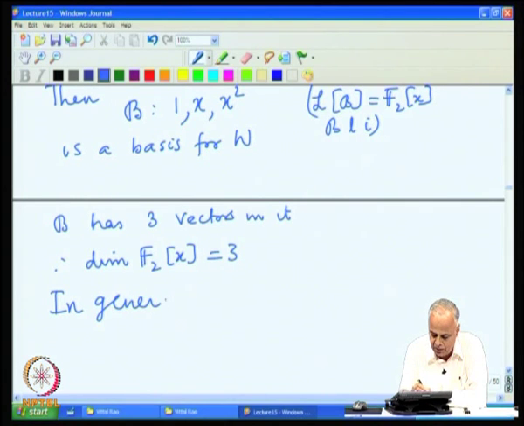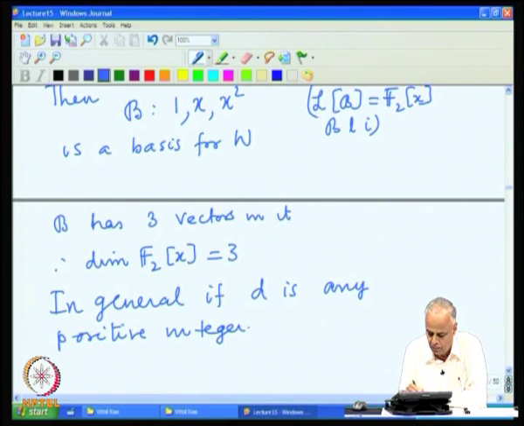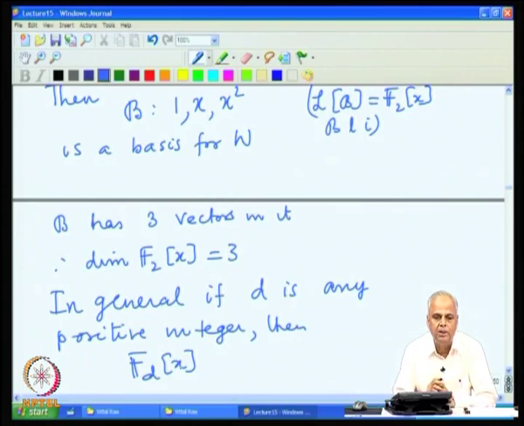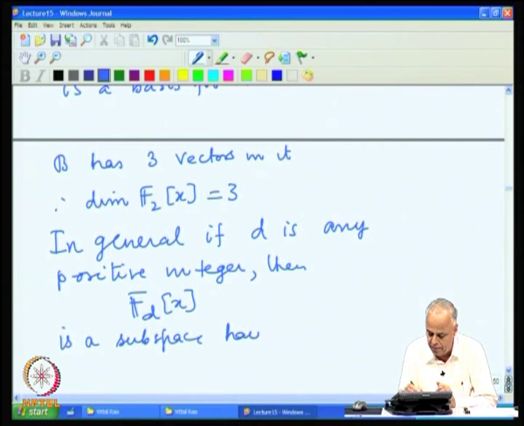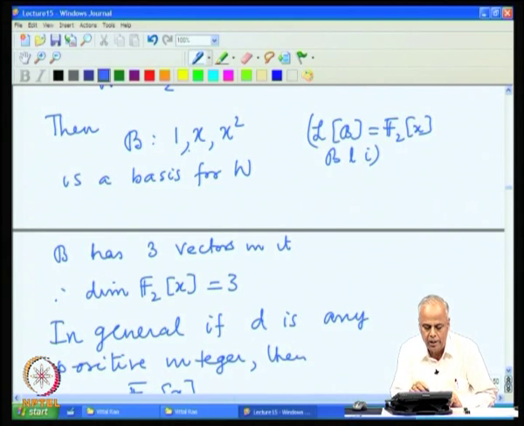if d is any positive integer, you take any positive integer d, and then F d[x], the collection or the subspace of all polynomials whose degree is less than or equal to d, is a subspace having dimension d plus 1. See, when we had F 2, we had 1, x, x squared as a basis.